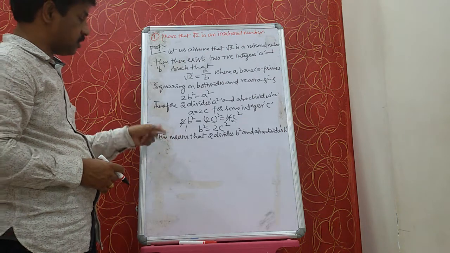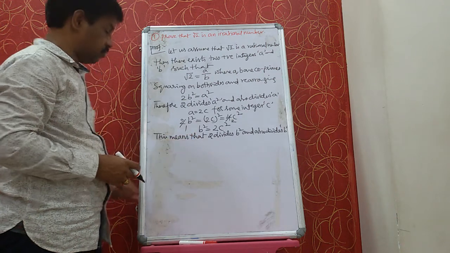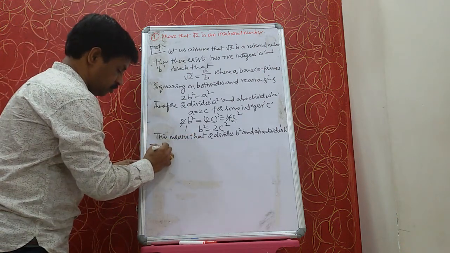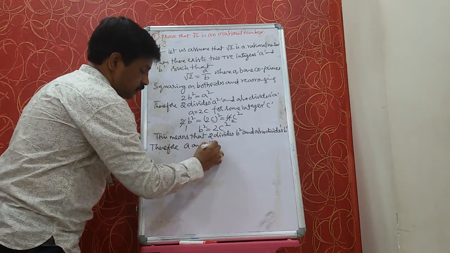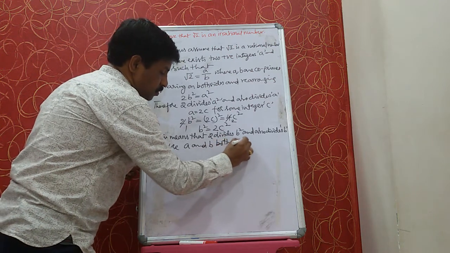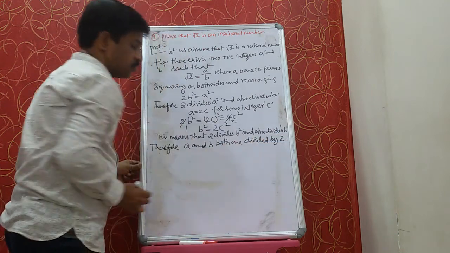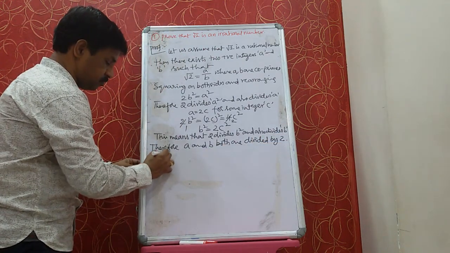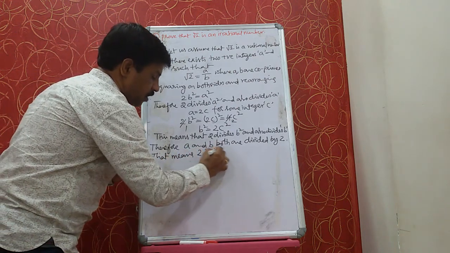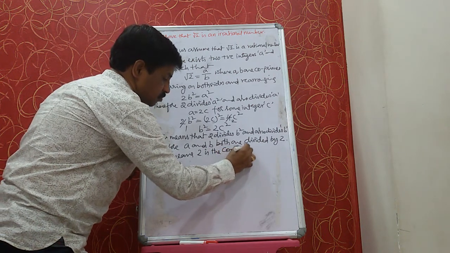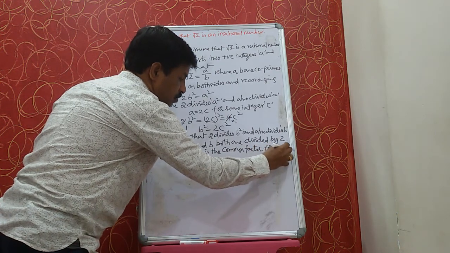So in both cases 2 is a factor for a and also a factor for b. Therefore a and b are both divisible by 2. That means 2 is the common factor for a and b.